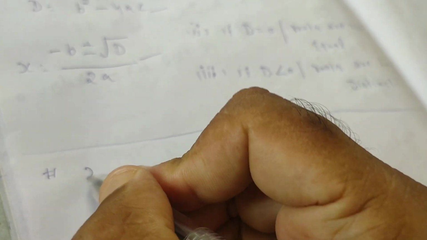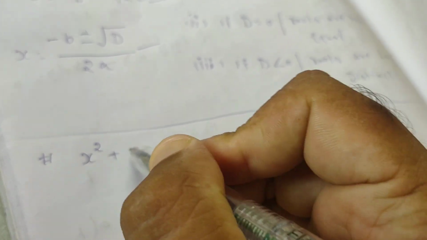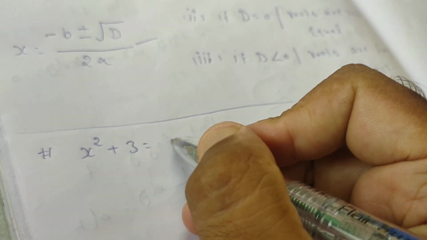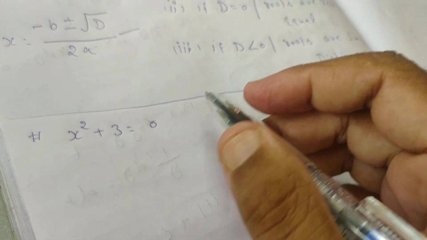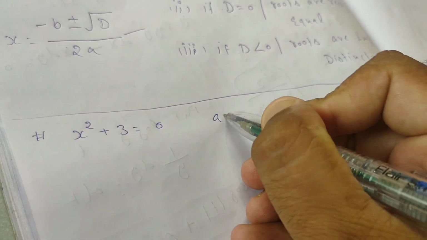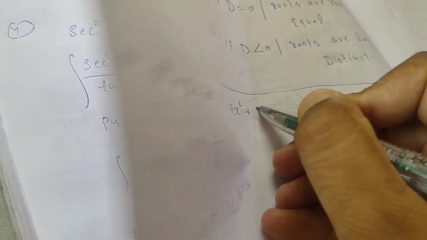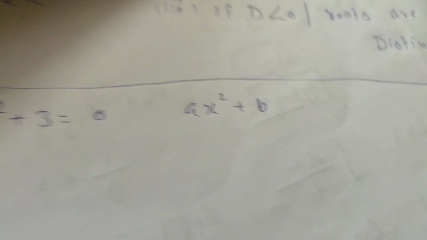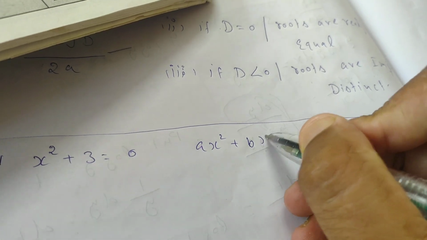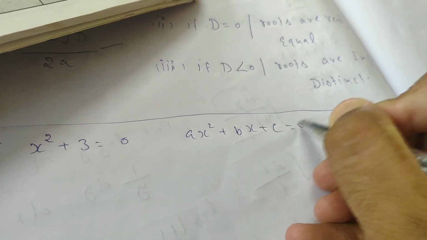Our first question is x square plus 3 is equal to 0. Compare this with ax square plus bx plus c is equal to 0.